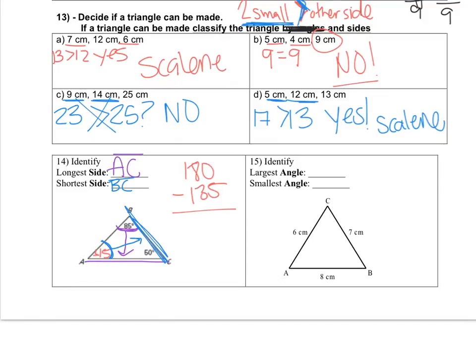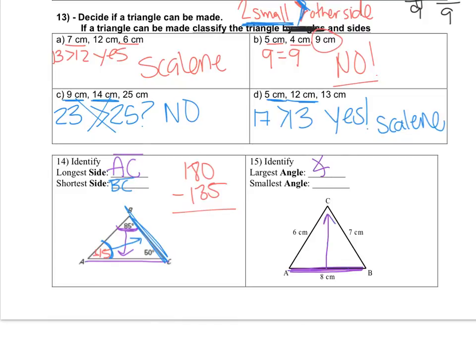On 15, you're finding the largest angle. So luckily, we have our three sides. We have 6, 7, and 8. To find the largest angle, first identify the longest side. So 8 is our longest side right here. I'm going to underline it in purple. To find the biggest angle, go to your longest side, which is 8, and go straight across to the angle.